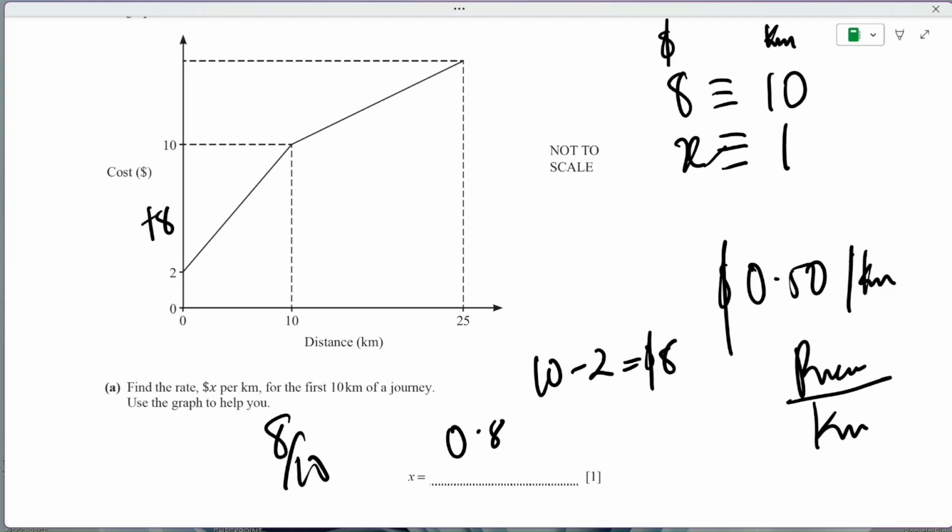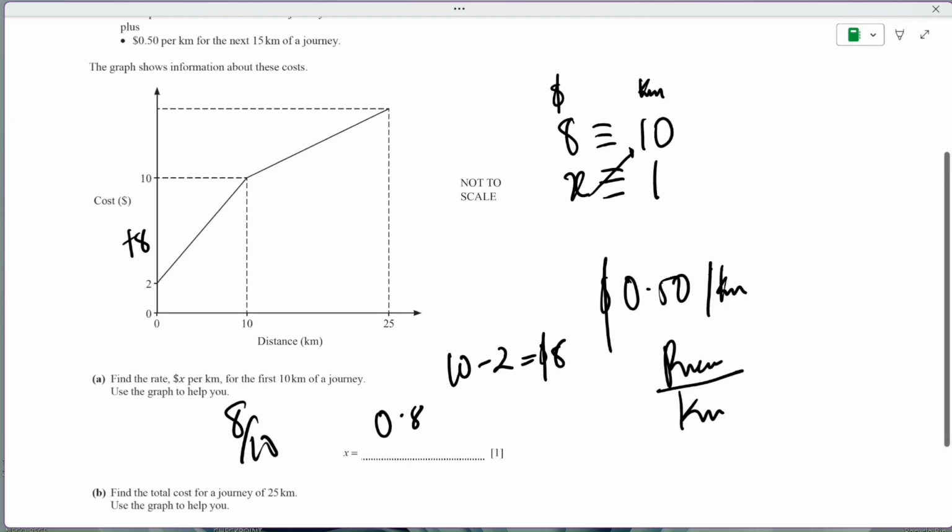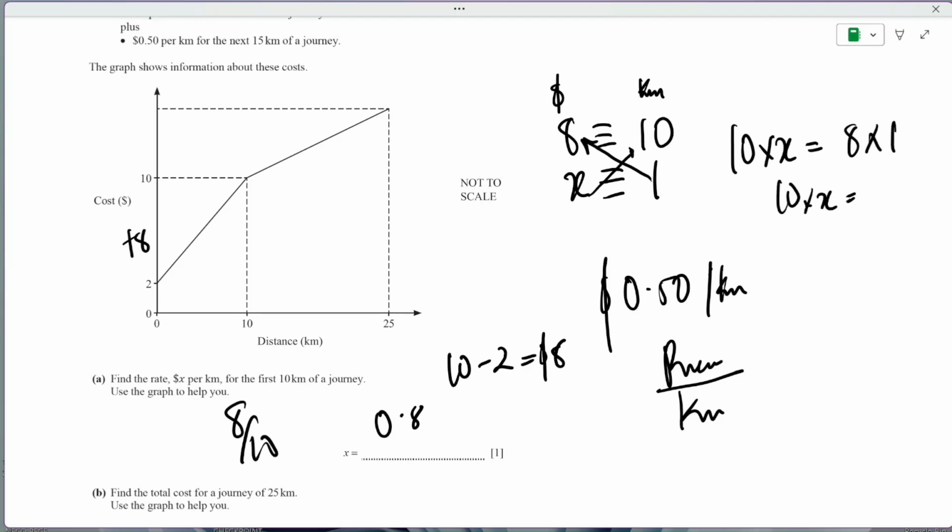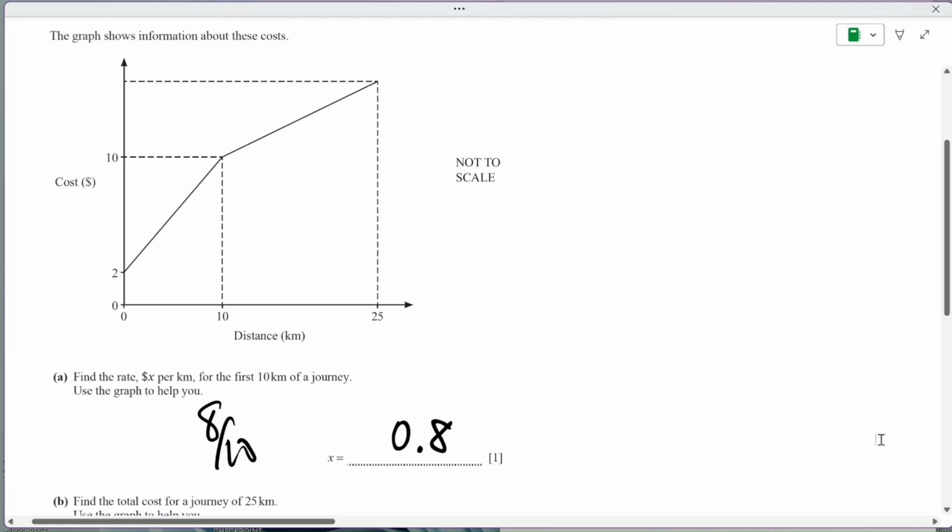You have 10 times X equals 8 times 1, which is 8. Since you're looking for X, that's the rate per kilometer, divide both sides by 10. 10 cancels 10. X equals 8 over 10, which is 0.8.